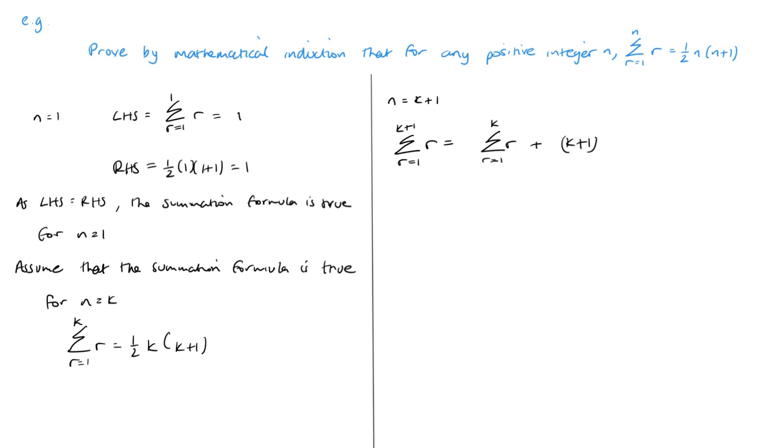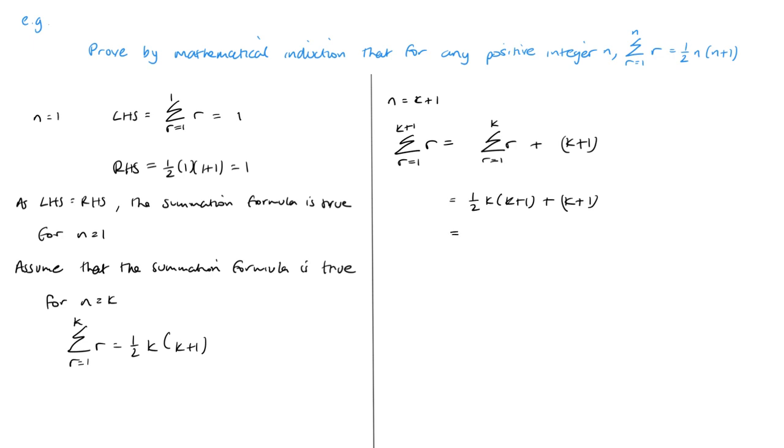Now this sum of r between 1 and k is here, so we can swap it for this one. So our next line will be a half k, k plus 1, plus k plus 1.